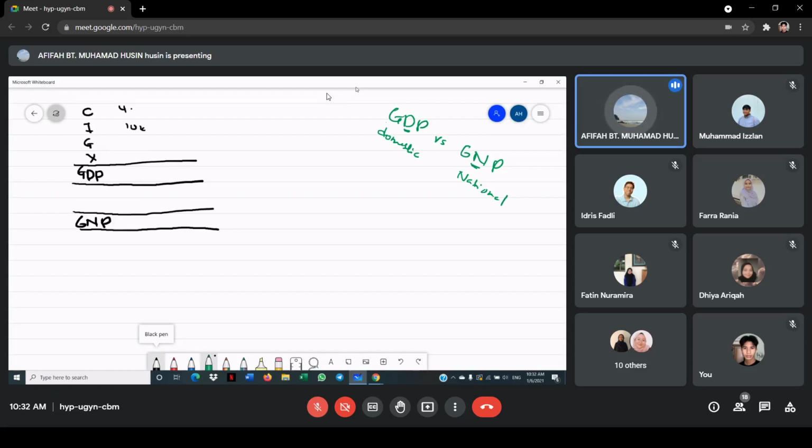As I said earlier, please class, take note, jot down something here. You may read the book but I'm afraid you won't understand. So what we mean by domestic is whatsoever produced inside the country, inside Malaysia, regardless by whom, by Korean, by American, or by British, or by French. As long as it is produced in Malaysia, it will be in our GDP.